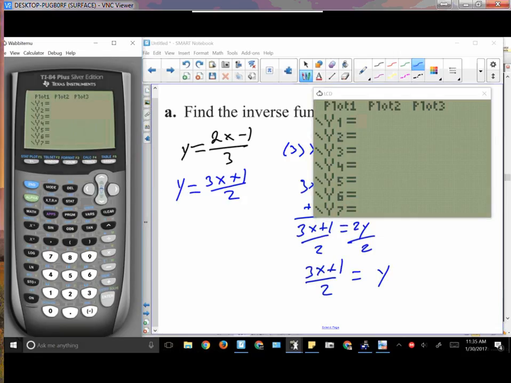When you put in rational expressions like this, use parentheses to separate your numerator and your denominator. That way the calculator knows exactly what you're talking about. 2x minus 1, close it, divided by 3, and parentheses 3x plus 1, close it, divided by 2. Graph.